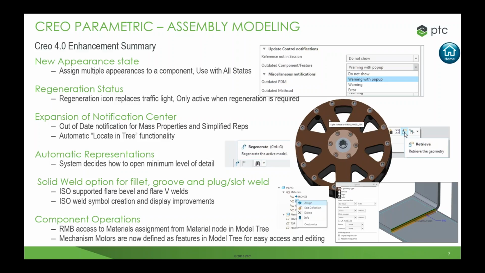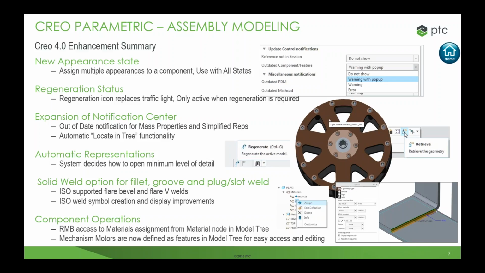Expansion of the notification center, out-of-date notification for mass properties and simplified reps, and automatic locate in tree functionality. We have automatic representations. The system now decides how to open the minimum level of detail versus using geometry or graphics reps.